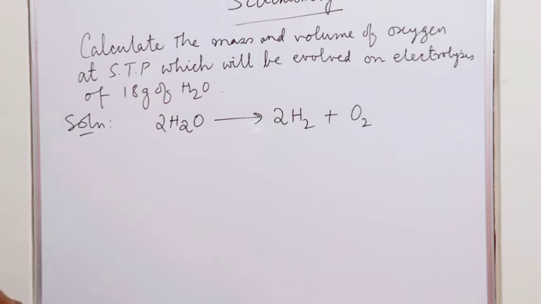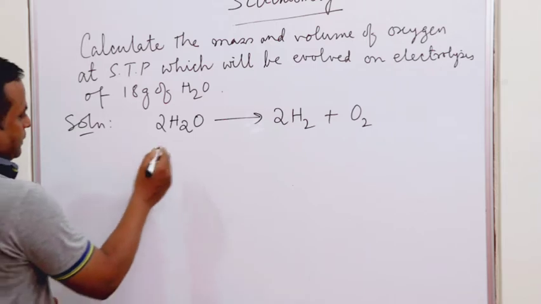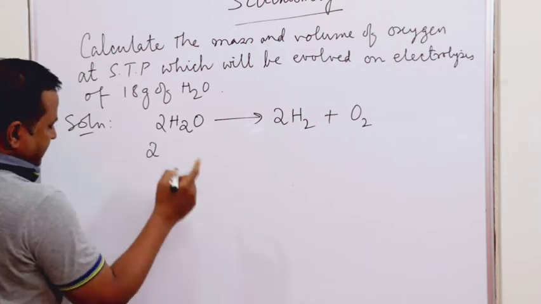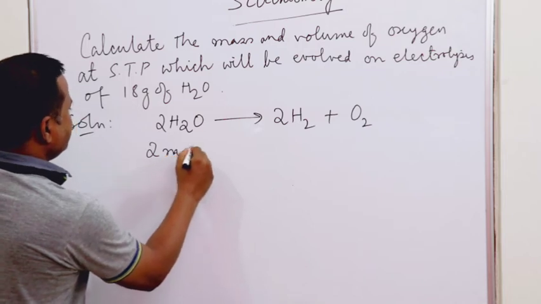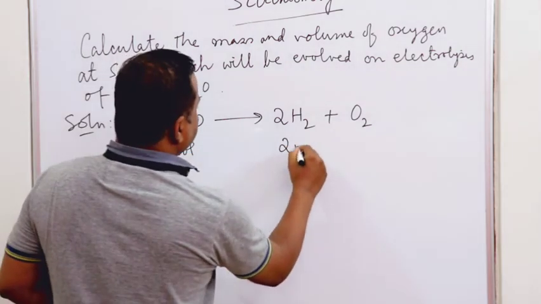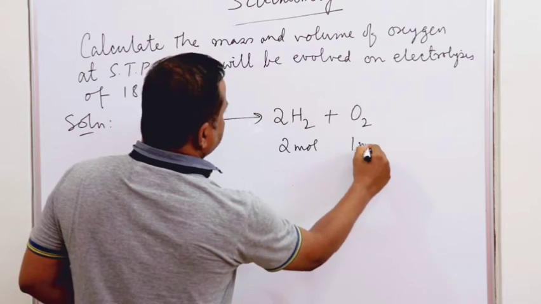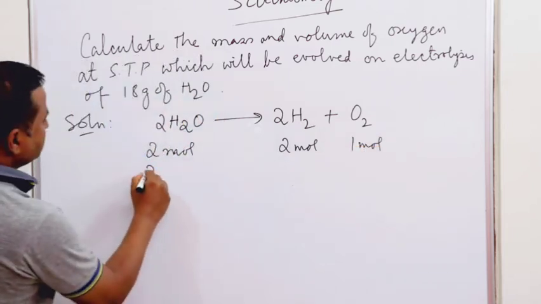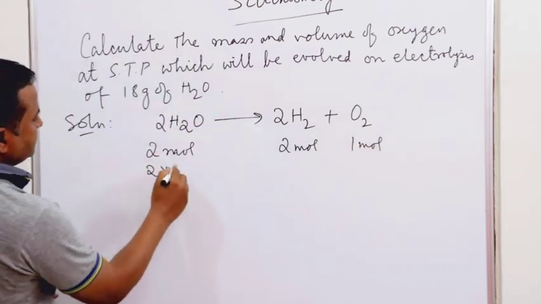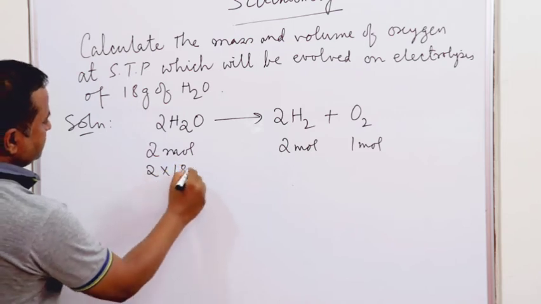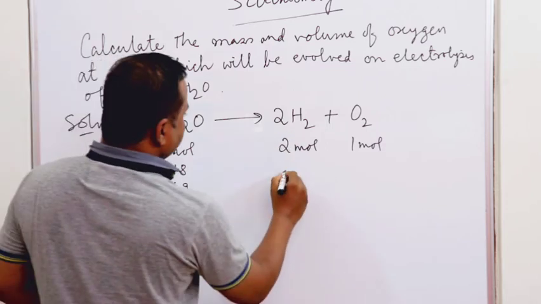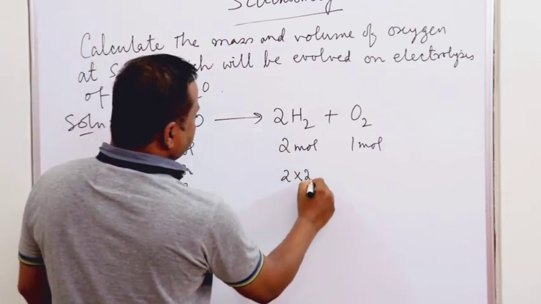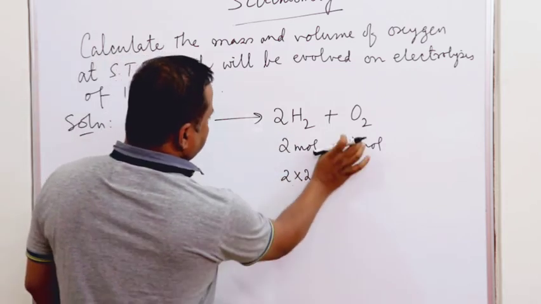Now second step, that is derive the molar ratio. It is 2 mole reacts with 2 mole, and this is 1 mole. So 2 mole means, you know, 2 into 18, that is equal to 36 gram. And here 2 moles means 2 into 2, that is equal to 4 gram.